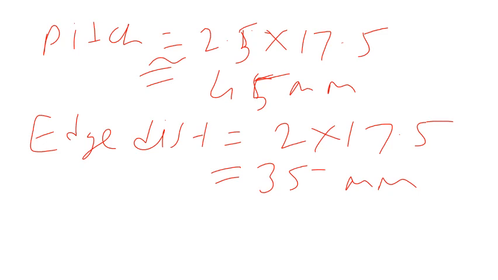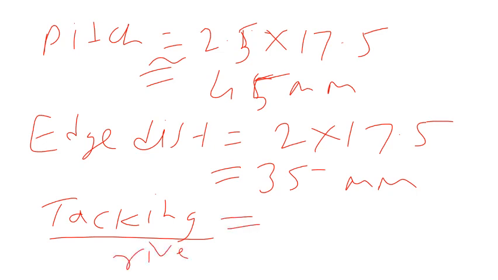And then we have to provide the tacking rivets, which we explained already, at a distance of 1 meter center to center. So we have all the information to draw the figure.